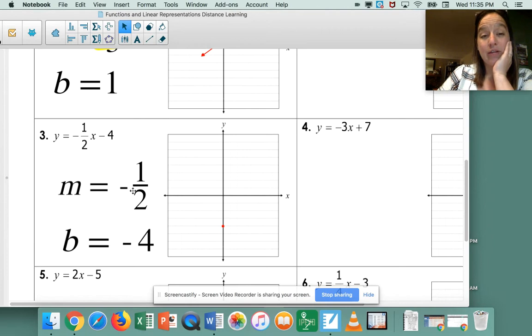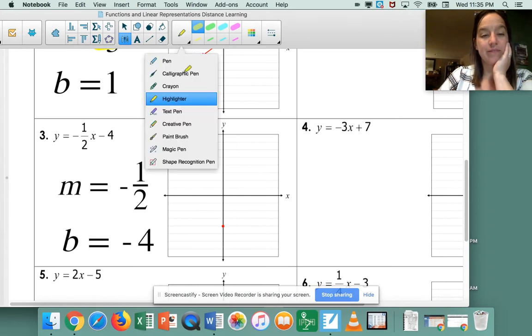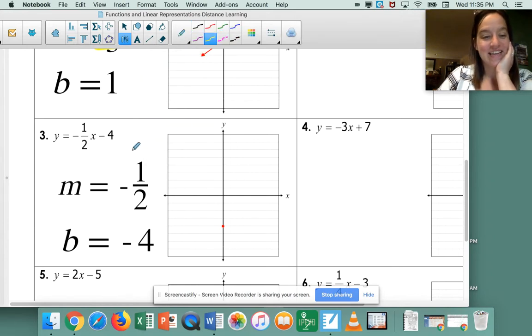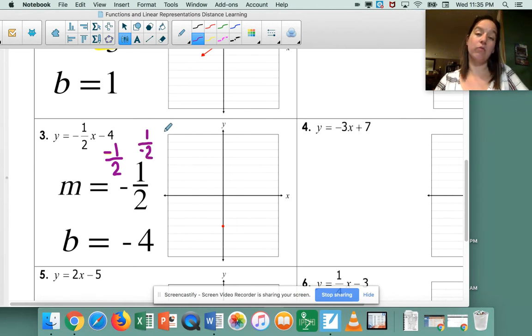I'm going to think of it as either negative 1 over 2, or 1 over negative 2, just remembering that only one of them is going to go in the negative direction.